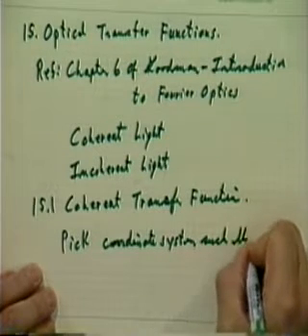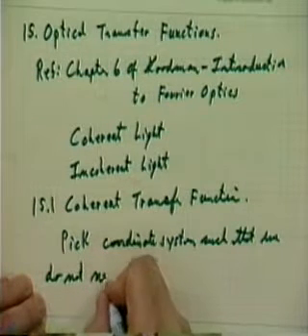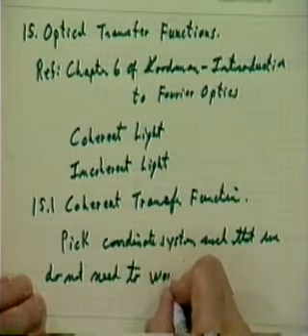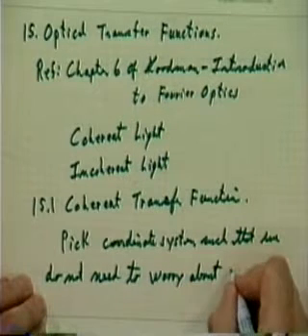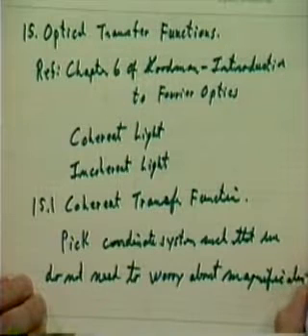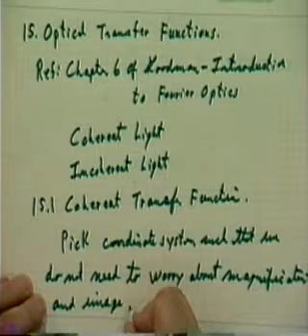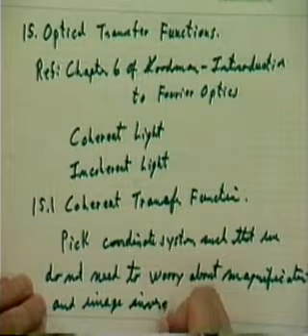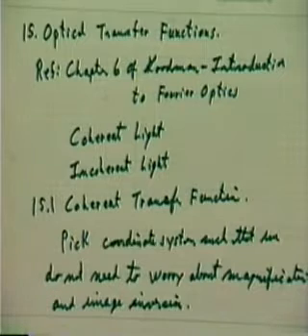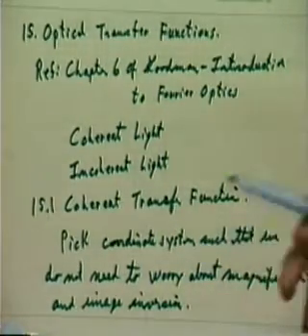So, pick a coordinate system such that we do not need to worry about magnification and image inversion. Really what we're going to do here is that when we're comparing the image to the original object, we're going to compare the image to the perfect geometrical image.